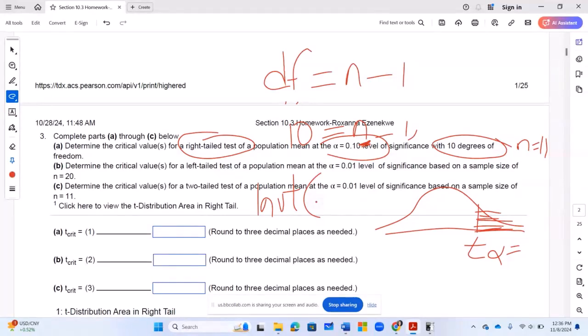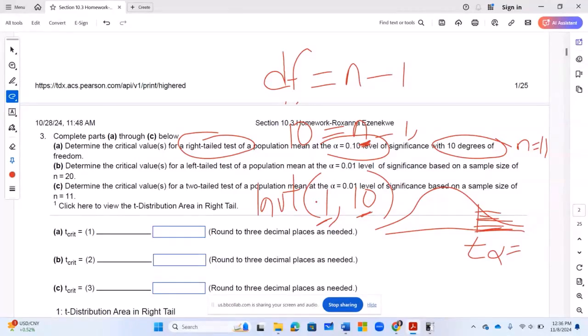And then the degrees of freedom is 10. Whenever I'm looking for the critical value with inverse t, I find the area to the left in decimal, and I put the degrees of freedom here.